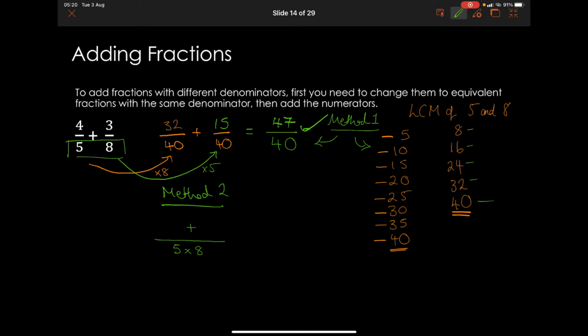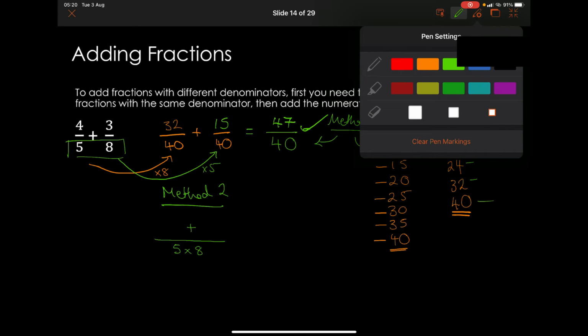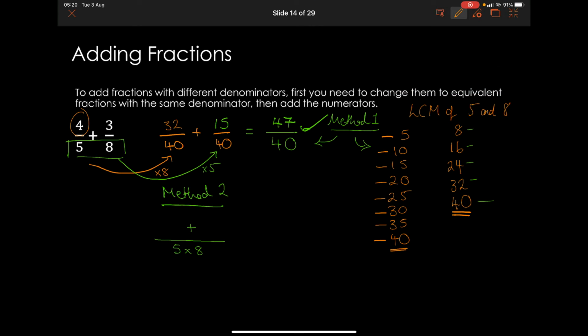It's an addition question, so I put add there. And then I've got, again, change my colour real quick, 4 on this side, so I'll put 4 there, times by 8. And then I've got 3 on this side, so 3 goes there, times by, cross multiply with 5.